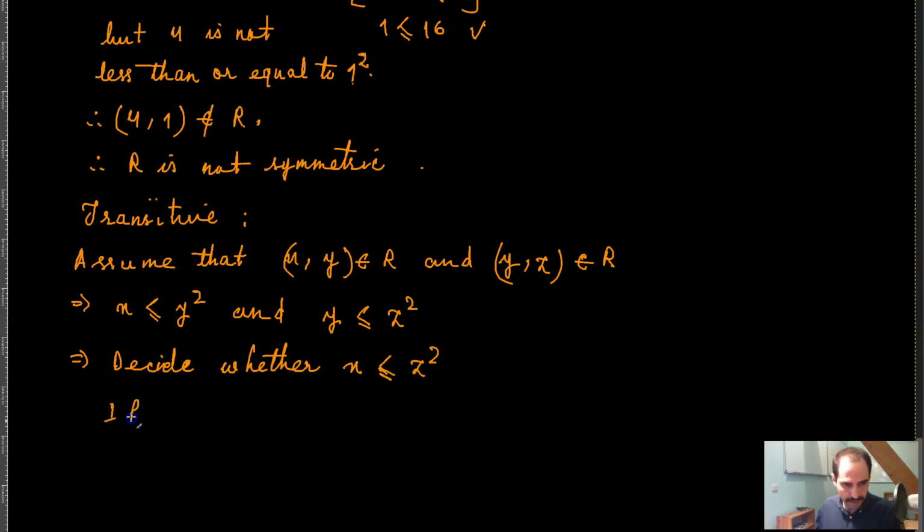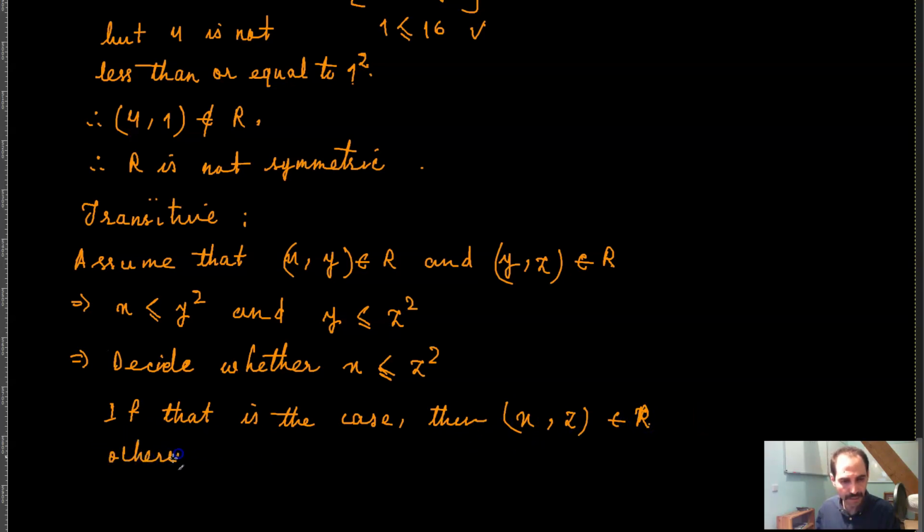If that is the case, then basically you can say that (x, z) belongs to R. Otherwise not, right?